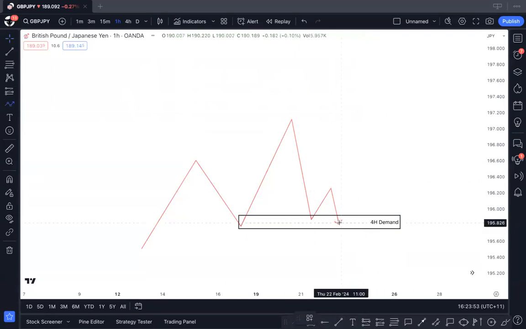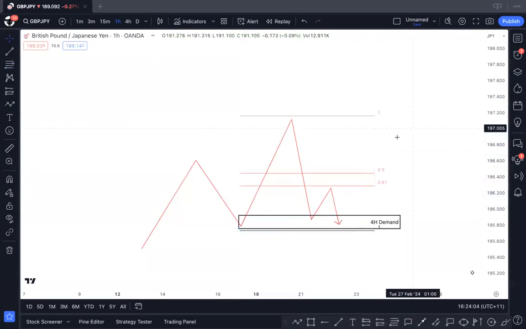Yes, it's really the other concept we learned. So protected low, big sign. We also talked about zones. So anything below this 50% retracement, this area is called the golden area.